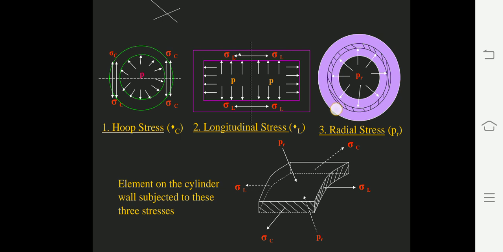Then radial stress. We know that the pressure is acting inside the cylinder. Due to that pressure, there will be a difference between the outer atmospheric pressure and inner pressure. It acts radially.